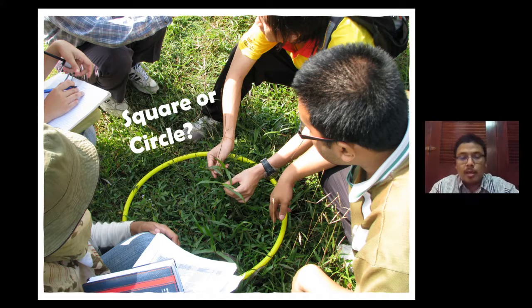For instance, you can compare data obtained using a circular quadrat with data obtained using a square quadrat. The difference in shape of the sampling units will introduce variation in the results obtained.